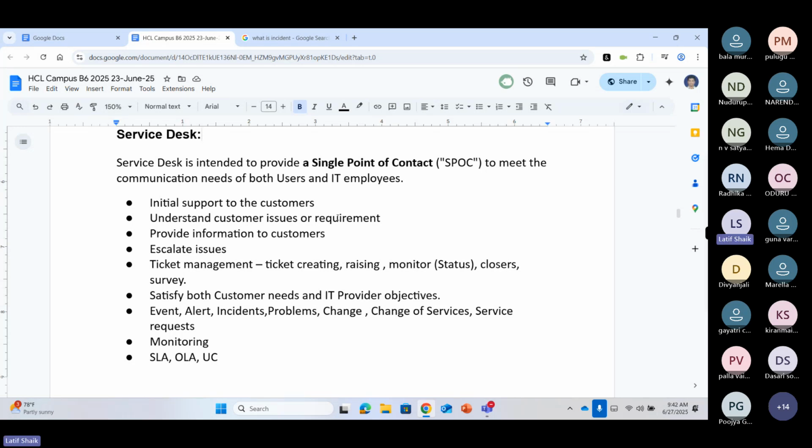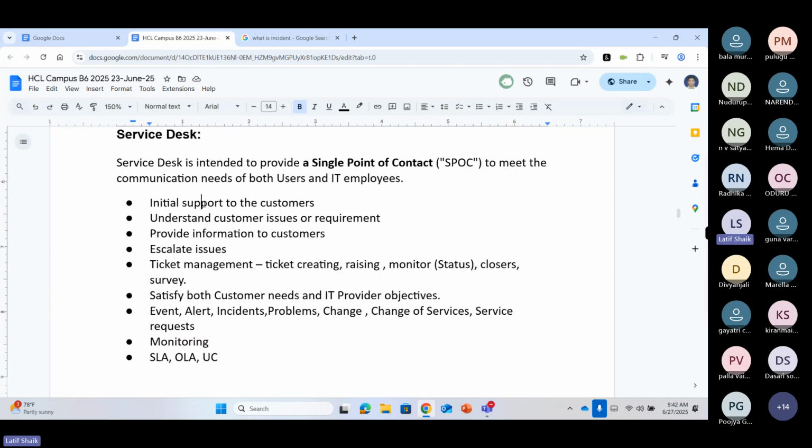Make sure the customer is satisfied and customer needs are fulfilled. So that is the IT service provider objective. That is the intention of the service desk: its main purpose is to satisfy both the needs of the customer and IT provider objectives. Okay, so these are the points about a service desk.